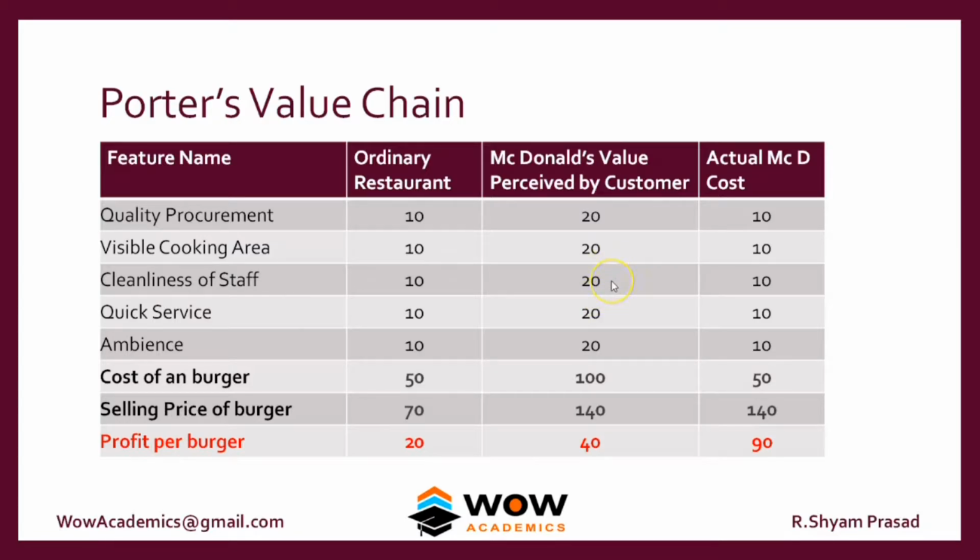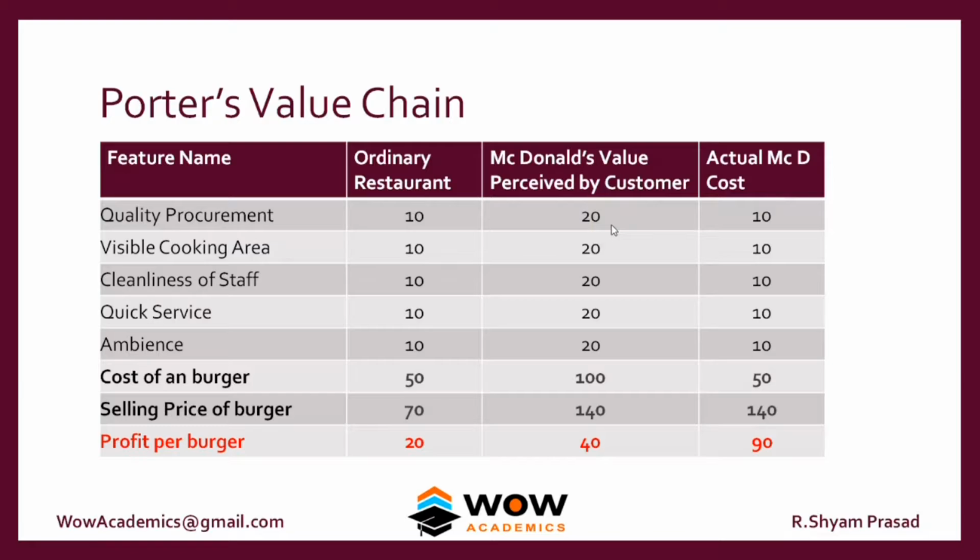For the staff's cleanliness he is willing to pay another 20. For the very quick service he is paying another 20. The ambience is good, so he might be willing to pay another 20. So a total of 100 he might be willing to pay for the burger. So the price of the burger should be like 140 and the company will make something like 40. But the answer is the actual cost which is being incurred. See, this is the perceived value.